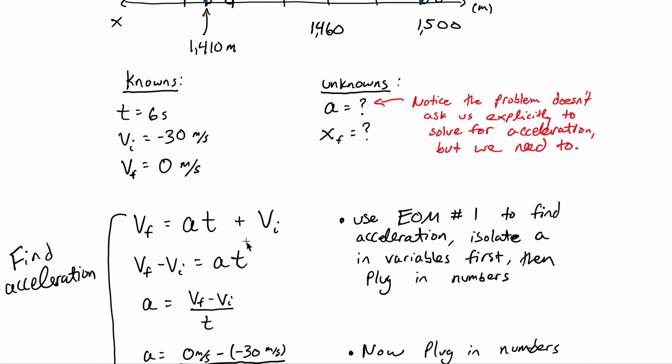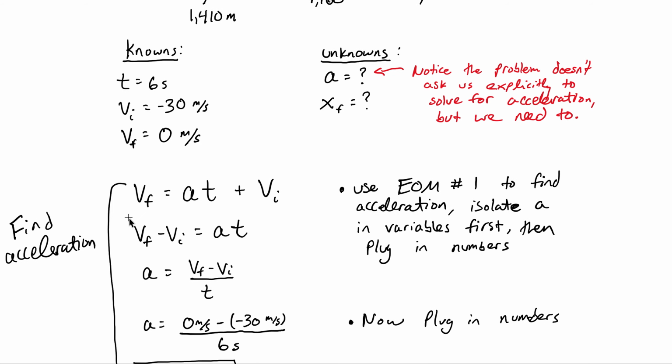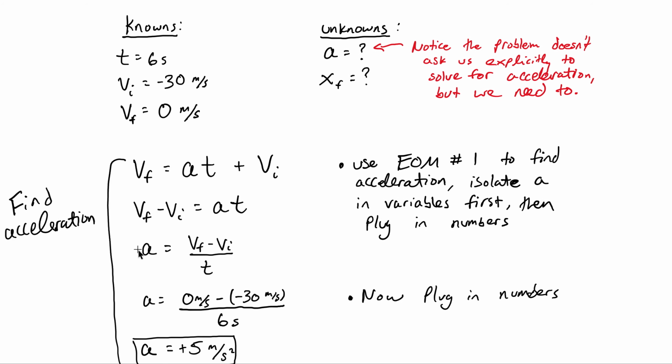I'm starting with the first principle, the foundational equation I'm going to use. Then I'm solving for the variable I want, acceleration in this case. I haven't plugged in any numbers yet. It's really important. You want to hold off to the very end as much as you can on plugging in numbers. That'll help minimize your mistakes.